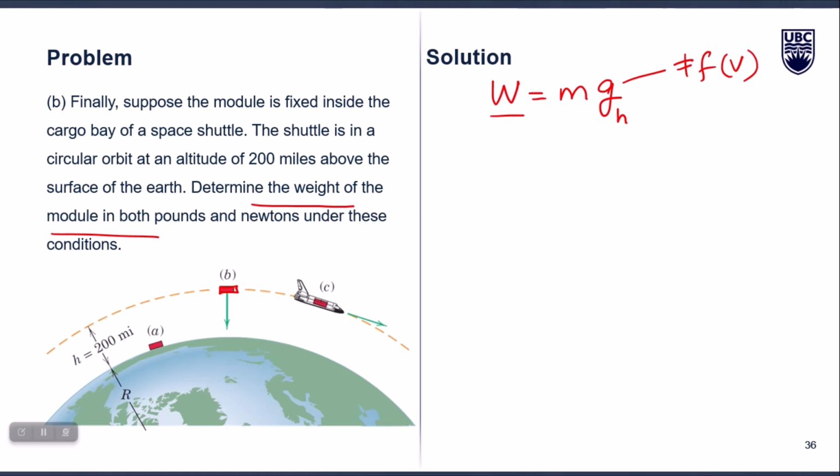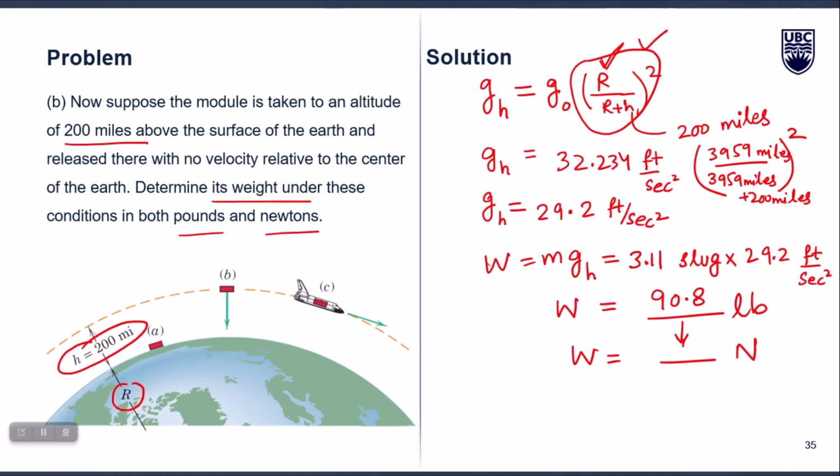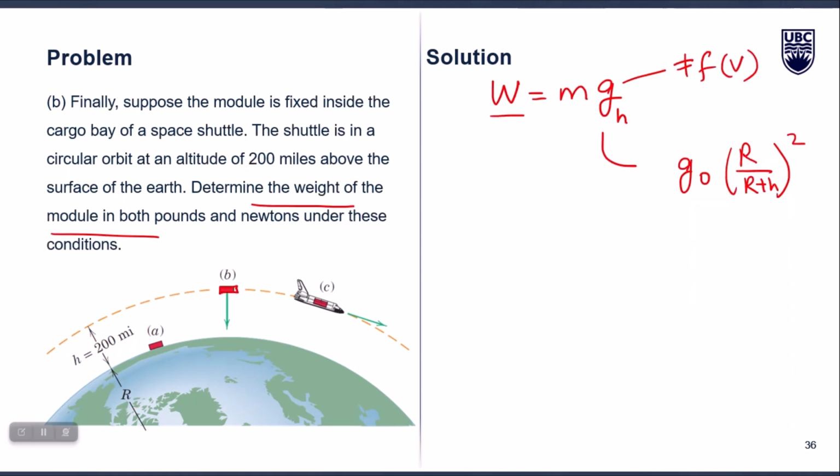It is only a function of height or altitude, right? g_h is equal to g naught multiplied by R over R plus h whole squared, right? So the only thing which will modify g sub h is the height or altitude of that object. Its motion won't affect the gravitational acceleration. So the answer would be that there will be no effect on the weight. So the answer would be exactly the same as what we worked out in part B, right? So same weight, no difference, right? Same weight.